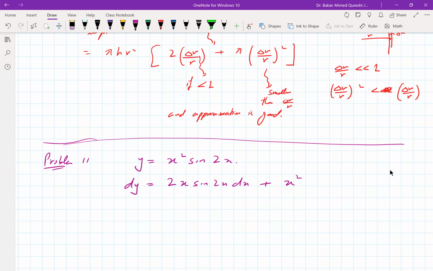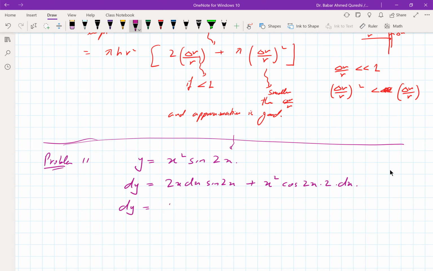So what did I do? I'm using the chain rule here. So 2x dx sine 2x plus leave x squared alone and cosine 2x times 2. And since I'm differentiating something which is x, I get a dx.